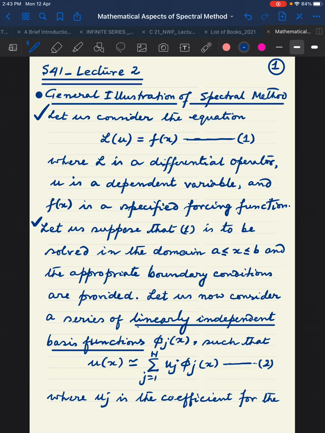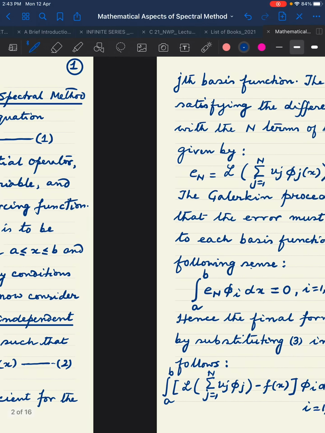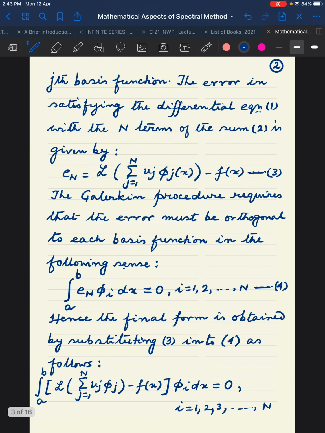I already discussed in my last class that this is the general idea of Galerkin methods. So we have to find a series of linearly independent basis functions φj(x) such that u(x) can be approximated by this summation, where uj is the coefficient for the jth basis function.